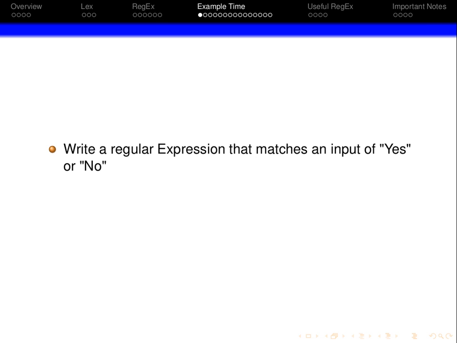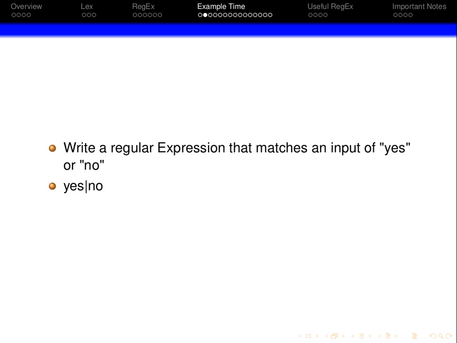So let's write a regular expression that matches the input of yes or no. Here we go. I think examples will drive this home. Start with an easy one, and I'll give this one to you. All right, you got it? Any questions? Comments? Okay, I'm going to be a little tricky. Make it uppercase.